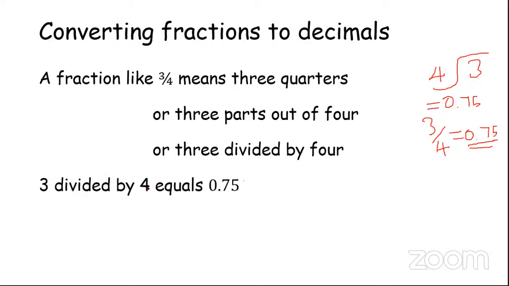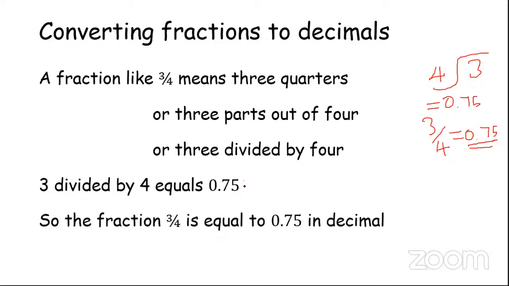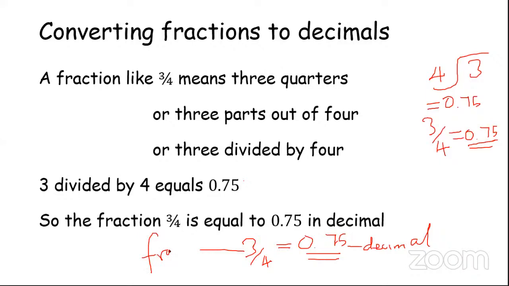So coming back, we are saying 3 divided by 4 equals 0.75. And so the fraction 3 over 4 is equal to 0.75 in decimal. So we say 3 over 4 as a fraction is equal to 0.75 in a decimal. So this is decimal, and this one here, 3 over 4, is a fraction.